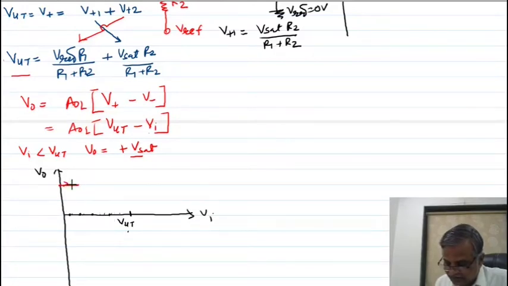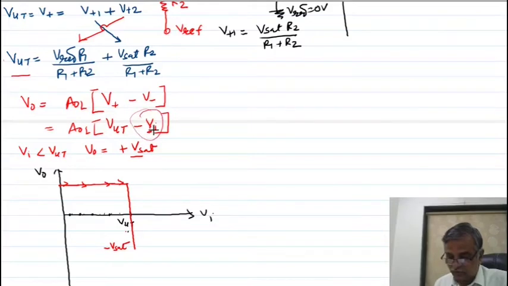As your input increases, this is my output line up to VUT. When input voltage is more than the VUT, immediately my output becomes negative, minus Vsat. When this voltage is more than this voltage, output becomes negative. During this time your Vi is greater than VUT, so output is negative. That I am showing you.